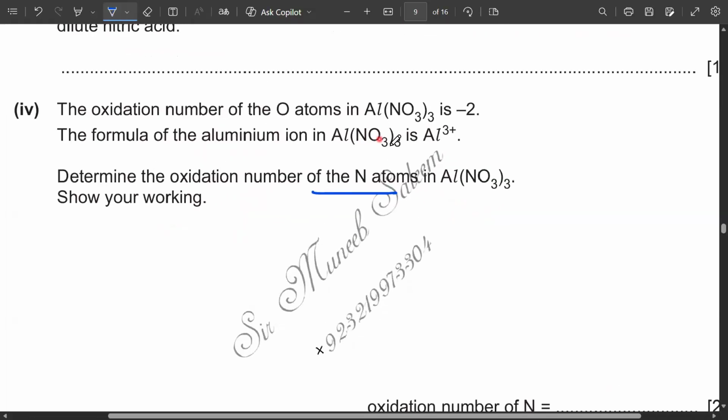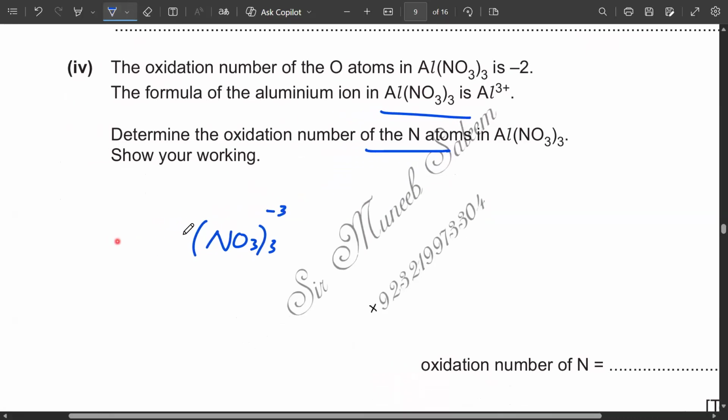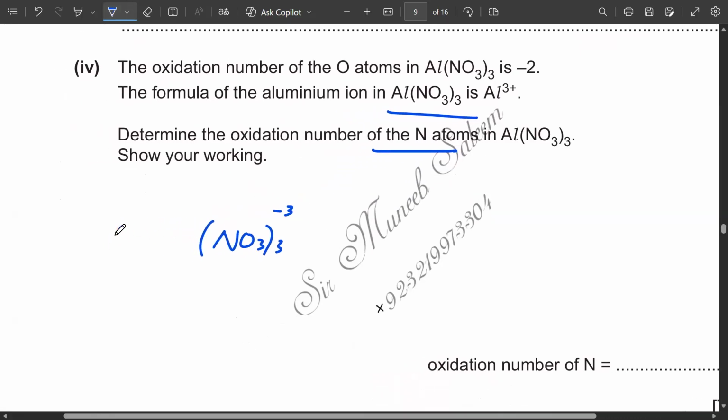So we will look at this formula and try to find the oxidation number of nitrogen. We see that (NO3) whole thrice must have a charge of -3 to balance with the aluminium, which already has a charge of +3.